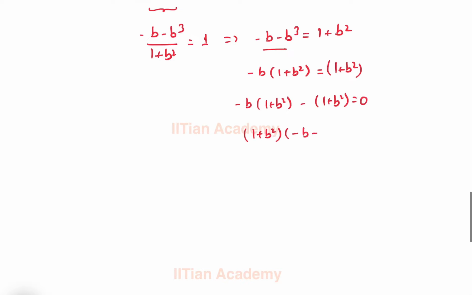So we get 1 plus b square into minus b minus 1 equals 0. Now b square plus 1 cannot be 0, so minus b minus 1 must be equal to 0. So b equals minus 1. So we have our solution, that is b equals minus 1.